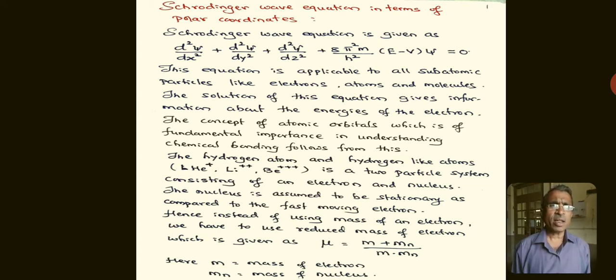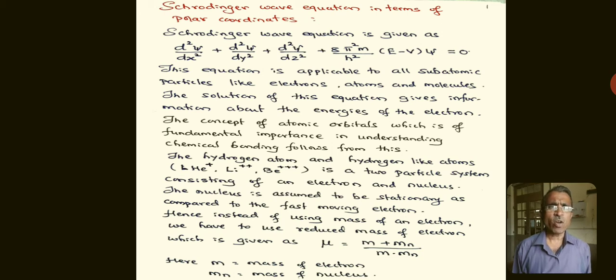The hydrogen atom and hydrogen-like ions, namely He plus, Li double plus, Be triple plus, form a two particle system consisting of an electron and a nucleus. The nucleus is assumed to be stationary as compared to the fast moving electron.